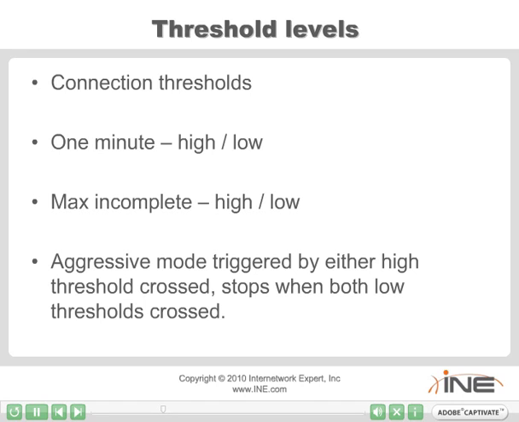Once we're in aggressive mode, we start being more aggressive with those connections, and we'll go back into the regular mode when both of the low thresholds are crossed. So crossing either of the high thresholds will put you into aggressive mode. In order to stop being in aggressive mode and return to normal operation, you need to be below both low thresholds.